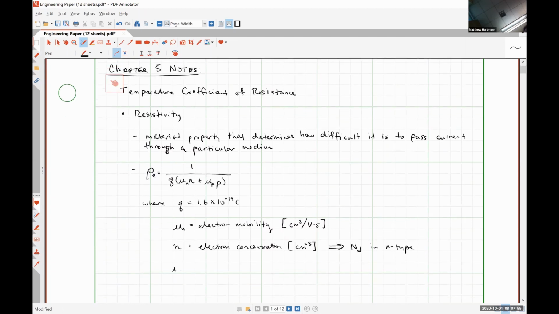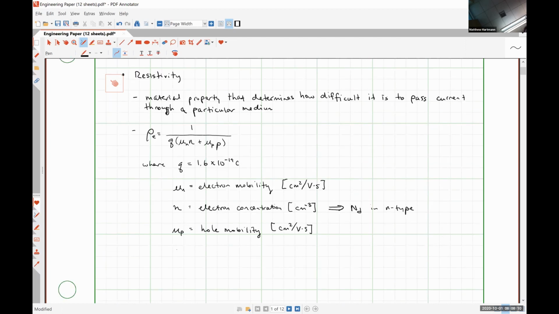And we have mu p, which is the hole mobility, also having units centimeters squared per volt second. And we have p, which is the hole concentration, also measured in holes per centimeter cubed, and it's N_A in P-type materials.